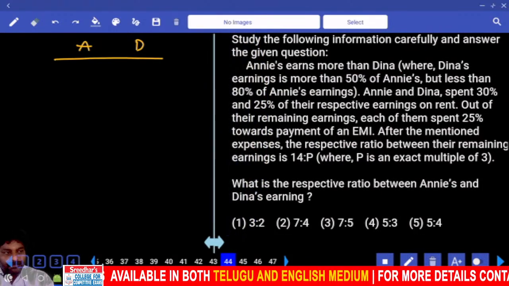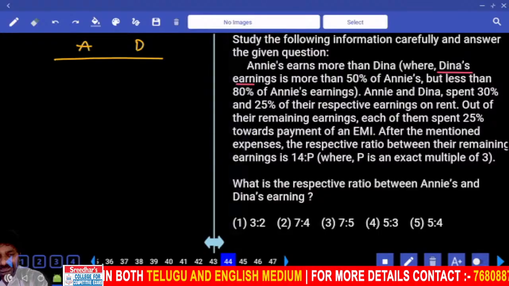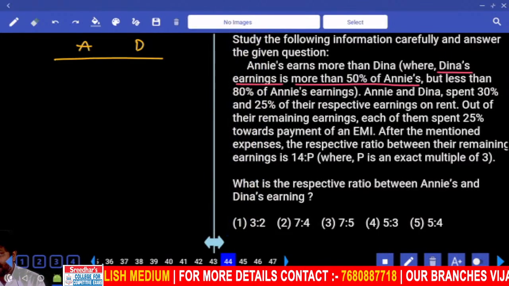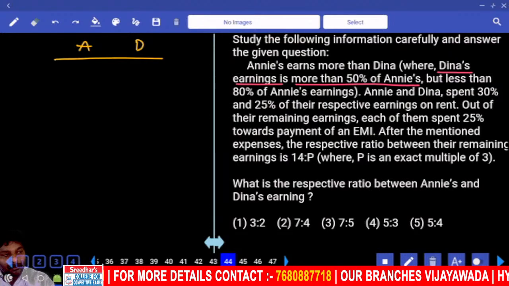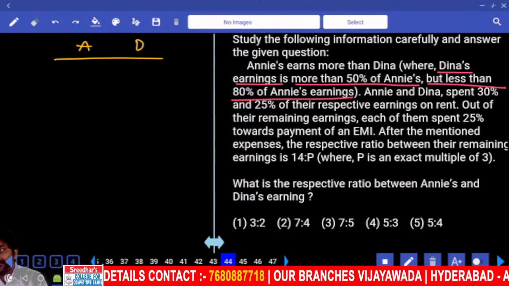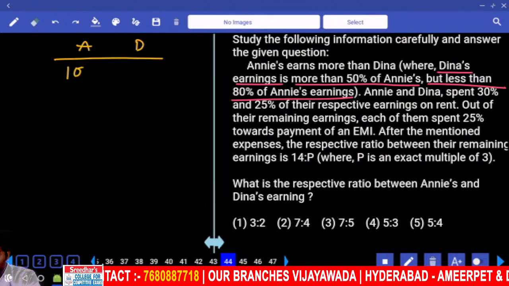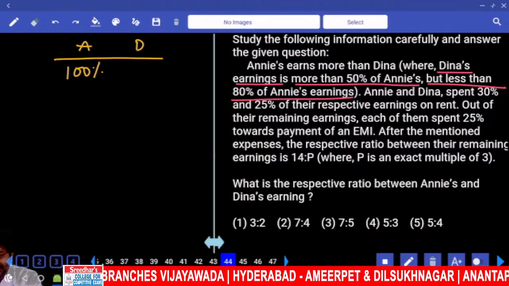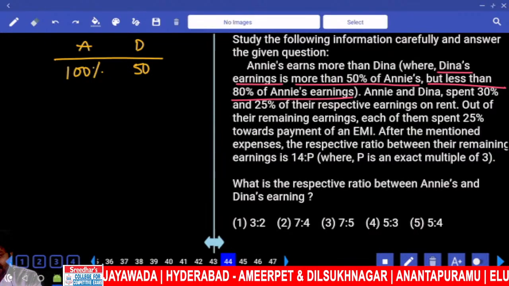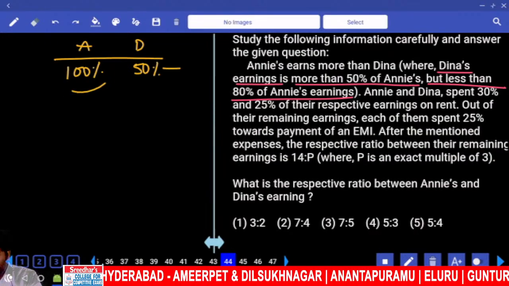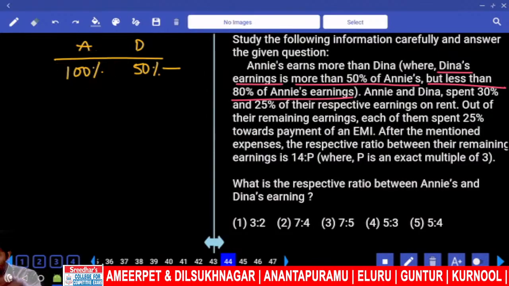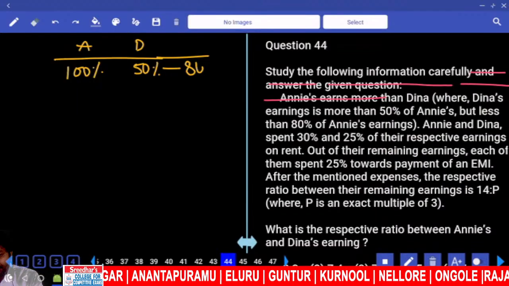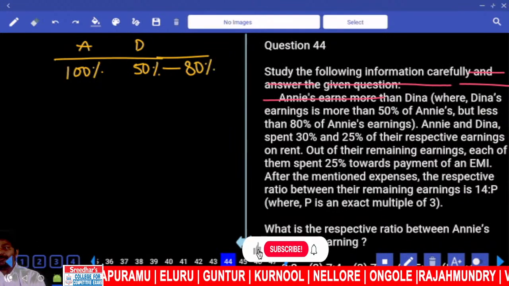And also, Deena's earning is more than 50% of Annie but less than 80% of Annie. If Annie's earnings are 100%, Deena's income is more than 50% of this number and also less than 80%. So the range of Deena is 50 to 80 only.